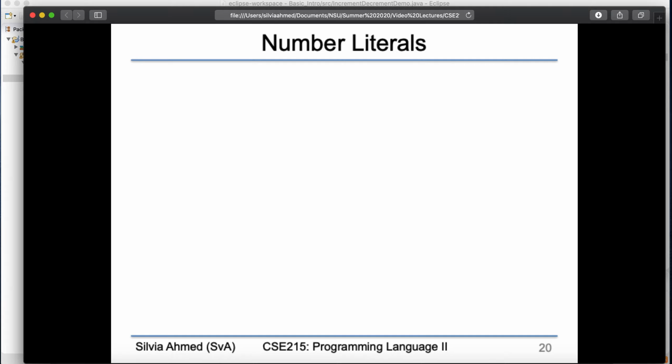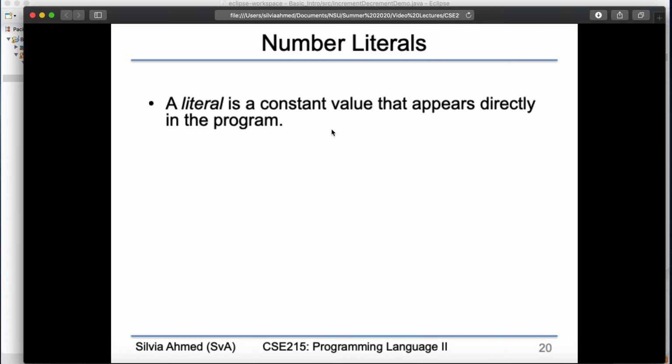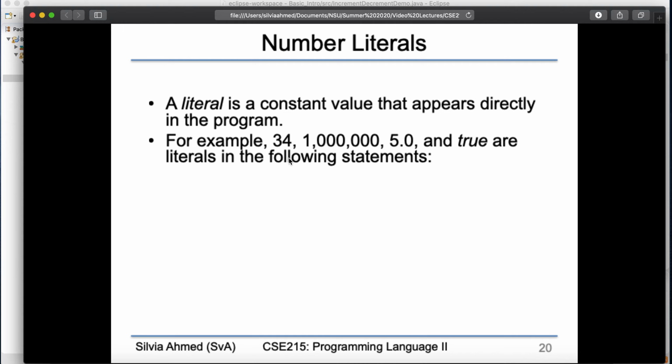Next, literals. A literal is a constant value that appears directly in the program. That means it is the actual value. So 34 or 1 million or 5.0 or true, these are the literals in the following statements.